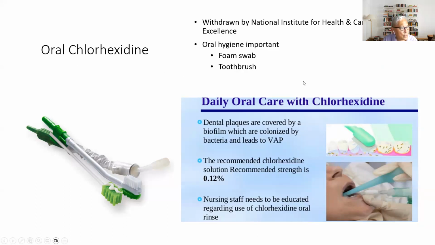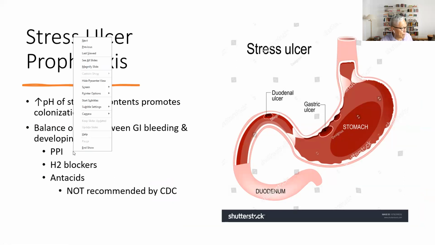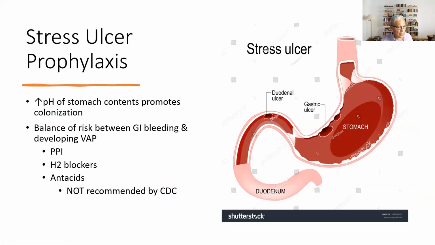And this is going to be very, very important in order to prevent ventilator-associated pneumonia. And then, of course, prevention of stress ulcer. So we use proton pump inhibitors. So what are these medications? Examples of proton pump inhibitors would be your pantoprazole, omeprazole, so things that end with azole.